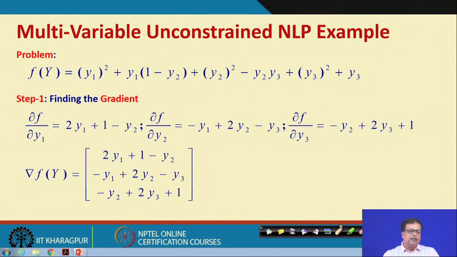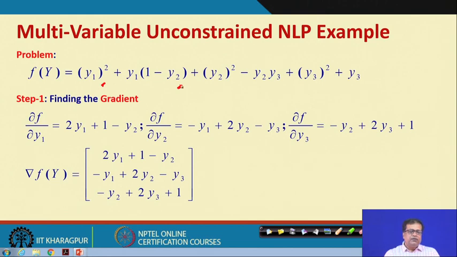If we find the gradient, that is, the partial derivative with respect to y1, then which terms will be useful? As you can see, the first term and the second term, and that is all.